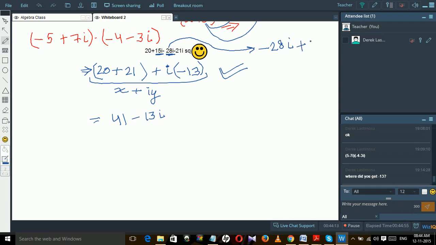So I took the iota common, and minus 28 plus 15.